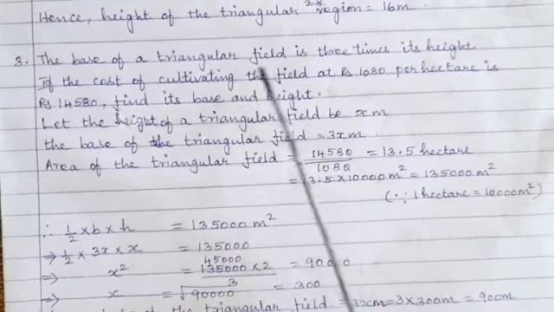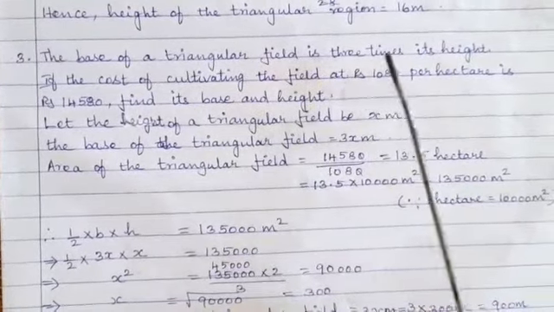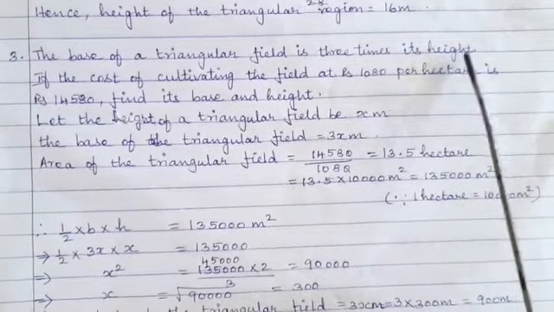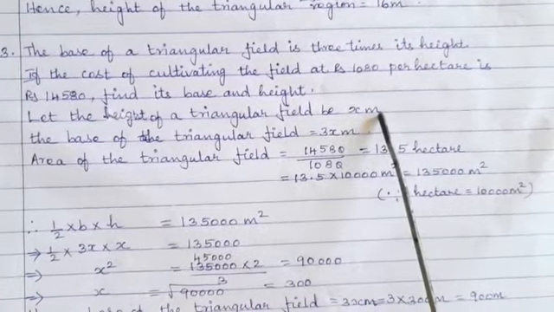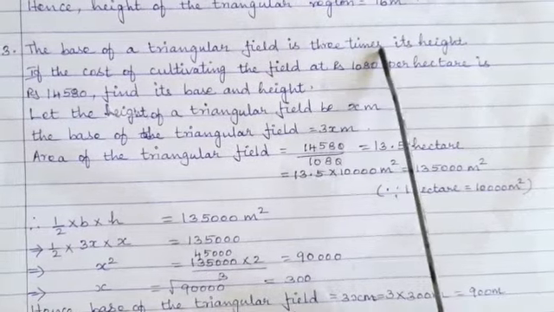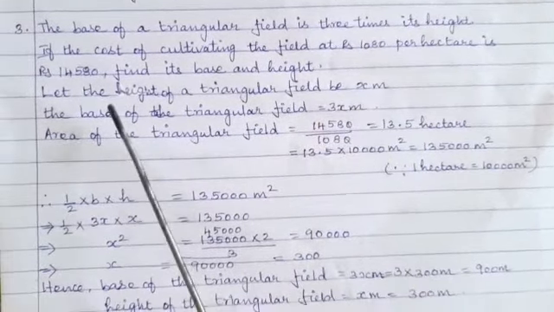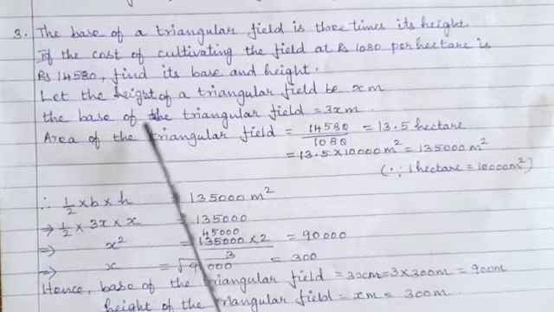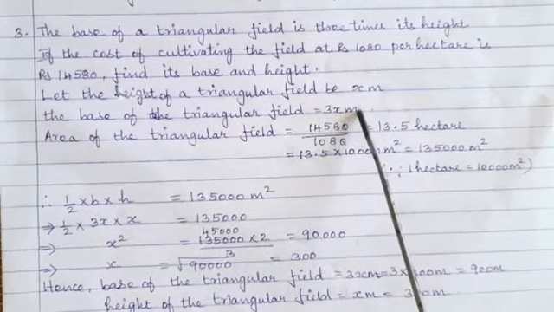What is given in the question? The base of a triangular field is 3 times its height. So we have to assume, frame the statement first. Let the height be x meter and base be 3 times, 3x meter. So it is written there, let the height of a triangular field be x meter and base of the triangular field equal to 3x meter.